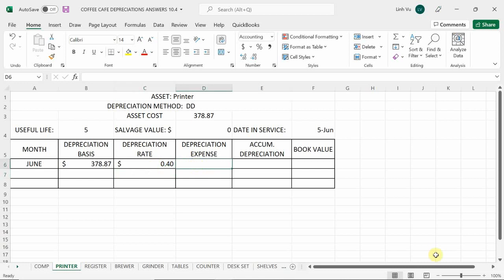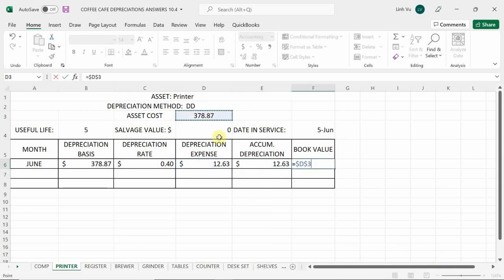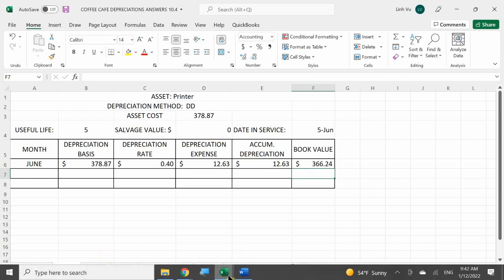So what is going to be the depreciation expense for the month of June? $12.63. Plug that in my journal.